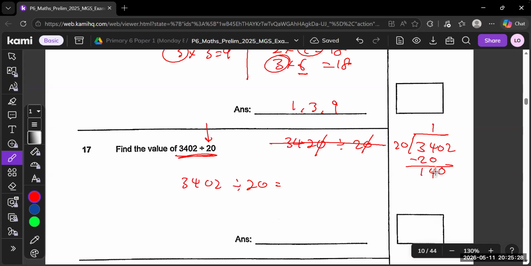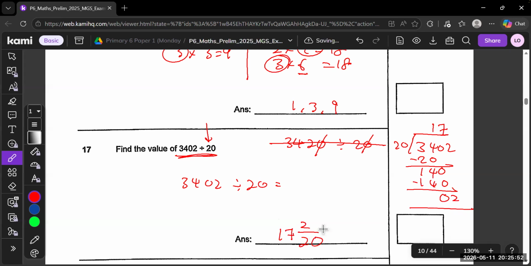What times 20 is 140, then is it 4 times 20, 5 times 20? So you guess and check, 7 times 20, 140, then you minus, pull the 2 downwards, and stop there. Don't continue to divide because the question never asks you to write decimal. So 17 and 2 over 20.